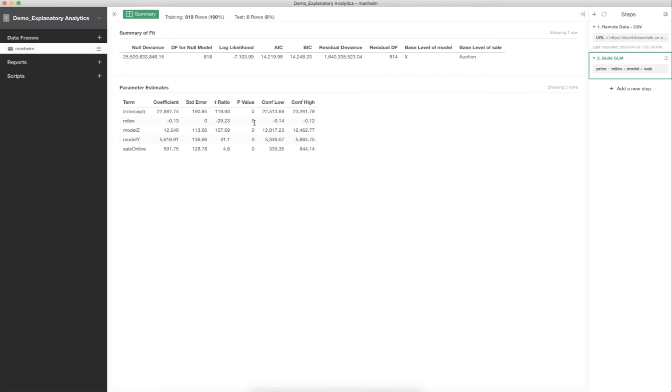In addition to the independent variables, we also have an intercept value. The intercept value is the value at which the best fitting line intersects the y-axis.